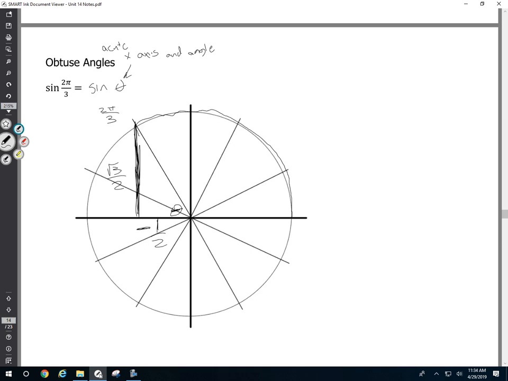So since I'm going to the left, I'm going to call that negative a half. If I ask you what the sine of this angle is, you'd say it's opposite over hypotenuse. Well, hypotenuse is always 1. Opposite this angle is the longer side of my 30, 60, 90 triangle. If I ask you what the cosine of 2 pi over 3 is, you would say it's negative a half.